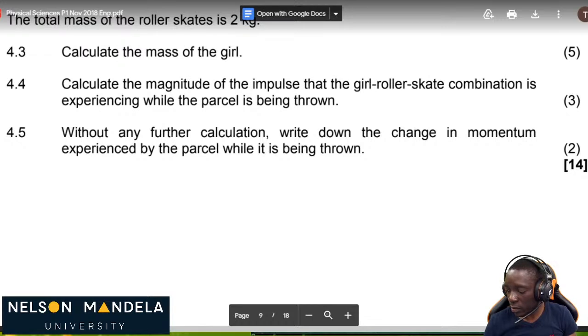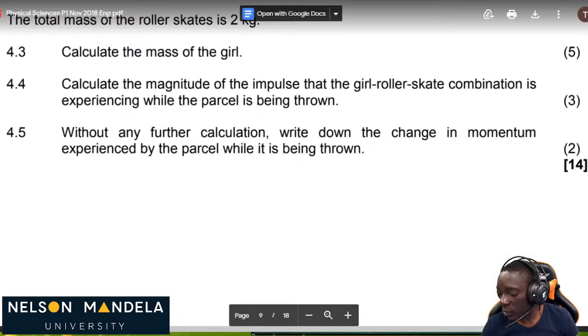This is the given situation. A girl throws an 8 kg parcel to the right, and the parcel moves at 4 meters per second. Then we've agreed that the girl on roller skates will move to the left, and we're told the mass of the roller skates is 2 kgs. We need to find the mass of the girl. So the mass of the parcel, we'll call it MP, is 8 kgs.